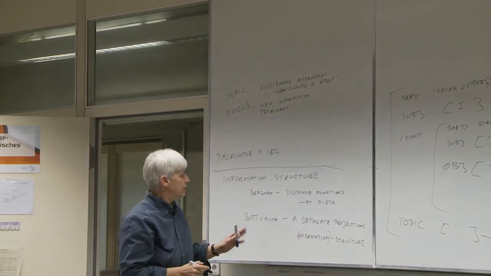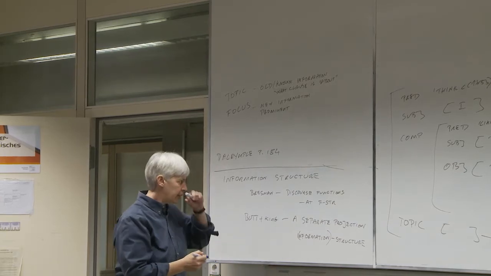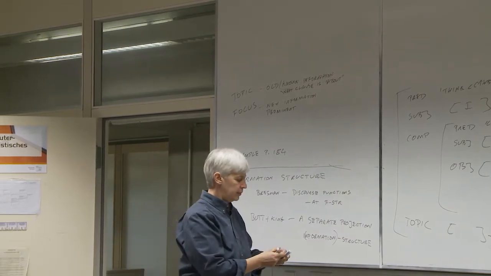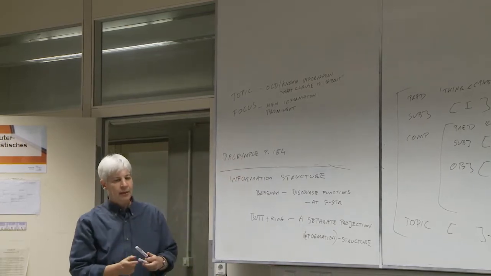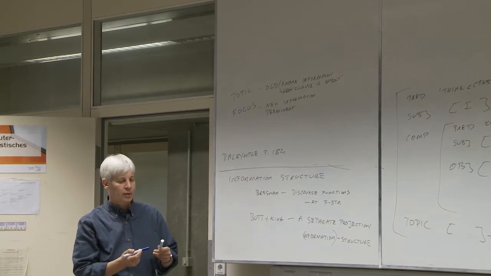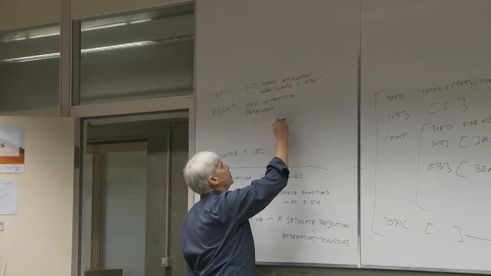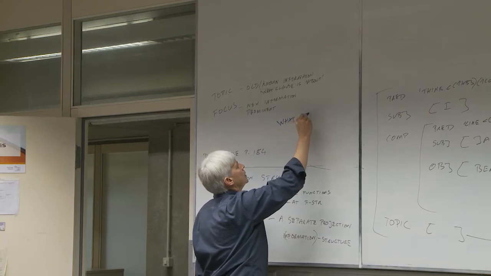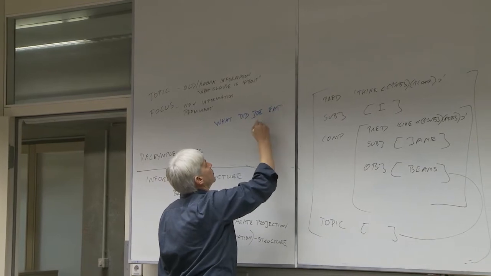Okay, so there's a question about how to define all these things. I won't talk about it very much, but with focus, you can generally tell what's in focus. One test is if you have a question. So if you say something like, "What did Joe eat for breakfast?"